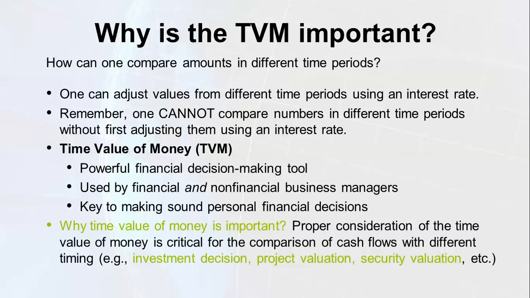Why time value of money is important is basically that proper consideration of time value of money is critical for the comparison of cash flows with different timing. So it helps you in investment decisions, in project valuation, security valuation, etc. It's a very important concept in finance.